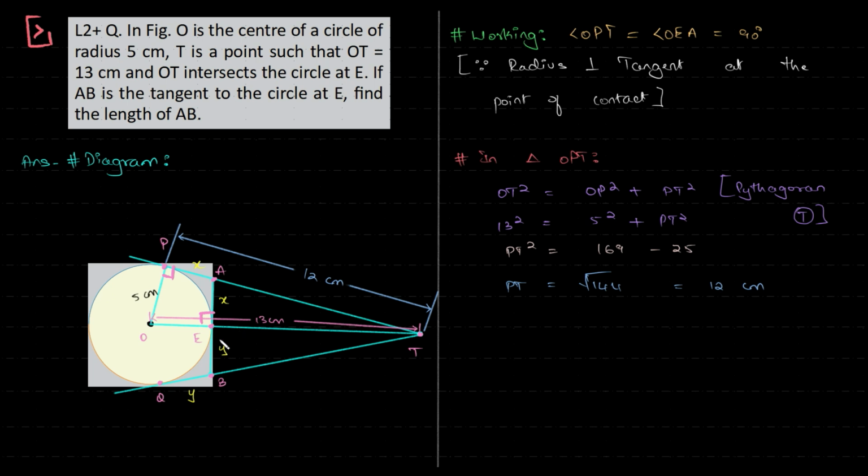We can find the length of ET from the triangle ETA. Okay, so let's think about this. So we have this triangle. See here we have a 90.